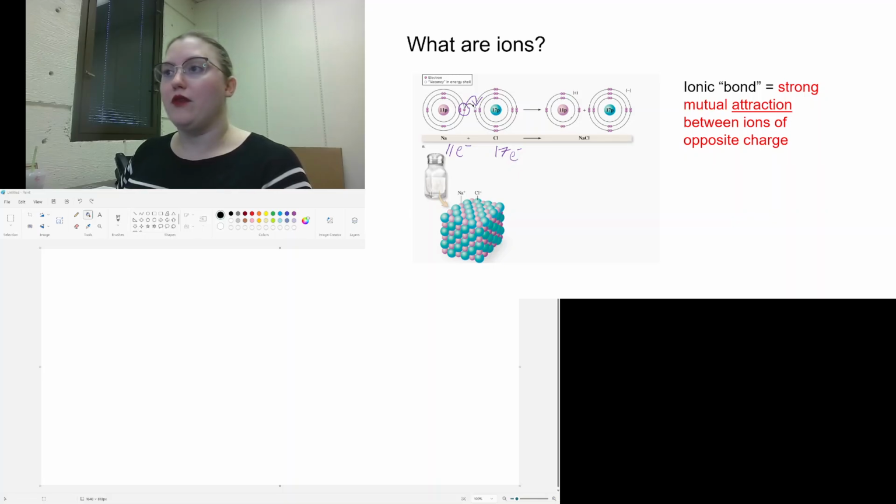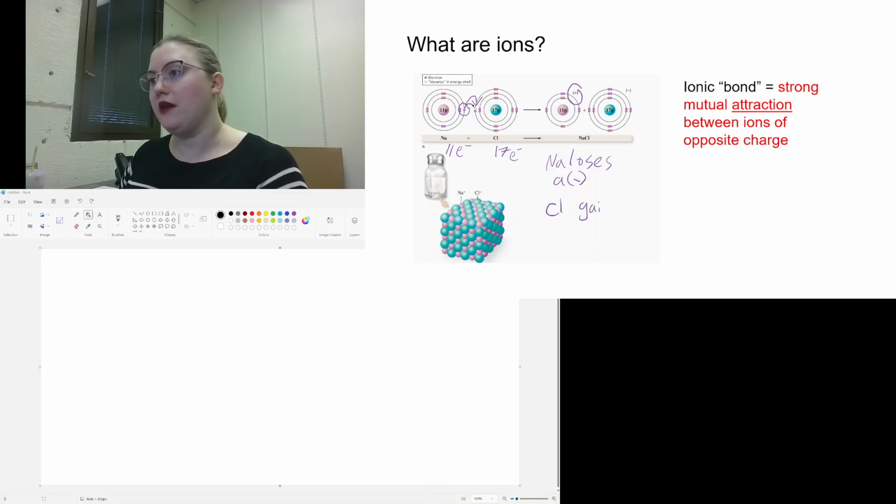So sodium can really easily give that electron away. If sodium loses a negative, what charge does it end up with? It ends up with a positive charge. Chlorine gains a negative, so it ends up with a negative charge.